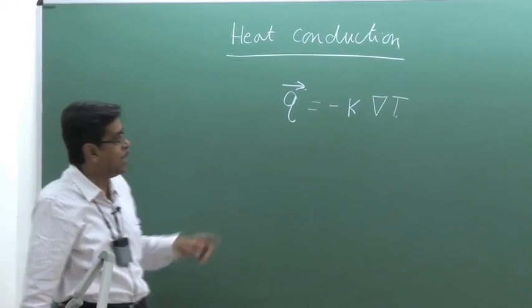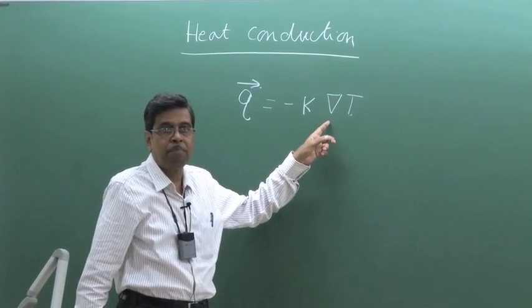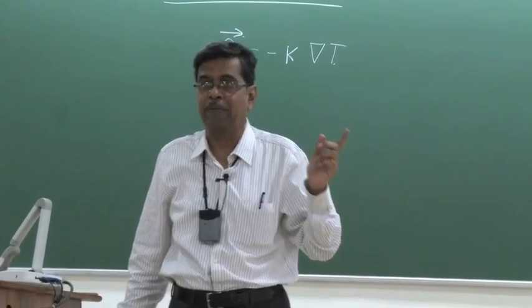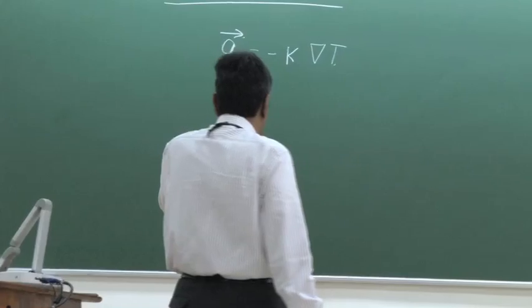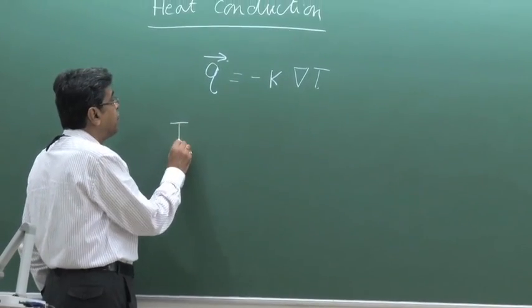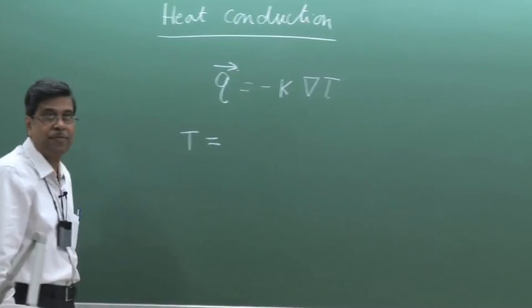Now therefore, there has to be a temperature variation in the space coordinates. It is a continuous temperature variation for which we can define the gradients. That means in the medium, the temperature has to be a function of space coordinates.